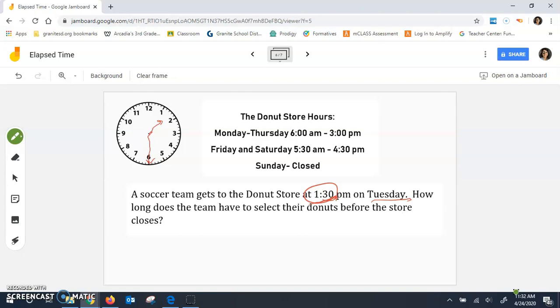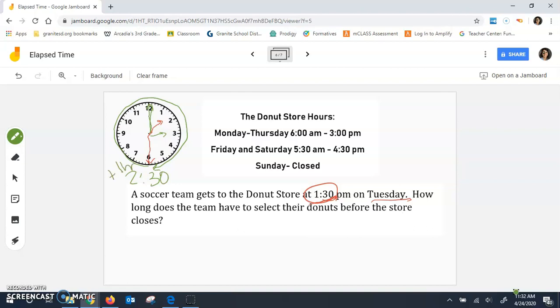Okay, so I almost need another clock here, but we can draw it here. 3 o'clock. Sorry if it gets confusing. That's okay. You guys got this. And 3 o'clock. So from 1:30, we've got to go a full hour around, and that'll get us to 2:30, kind of like I showed you before. 2:30 got us 1 hour plus 1 hour.